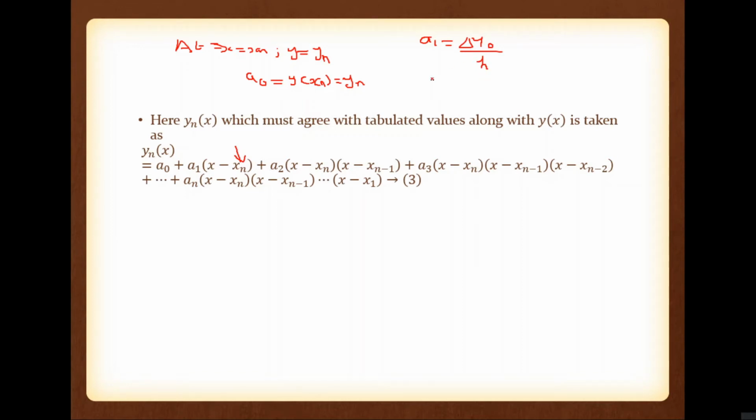So here, what will be a1 in Newton's backward formula? One difference you can see is that instead of 0, you have n: y0 is replaced with yn. Now what about delta?